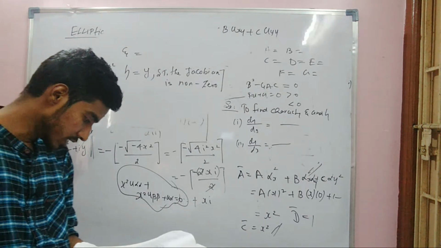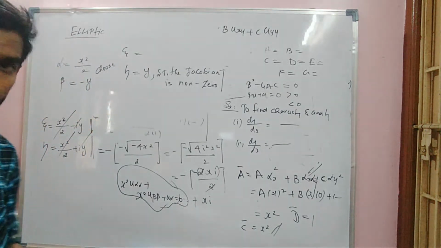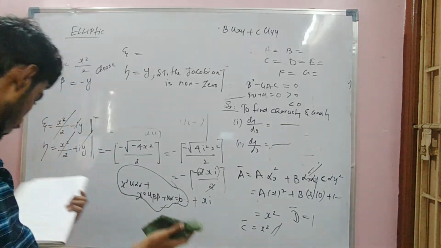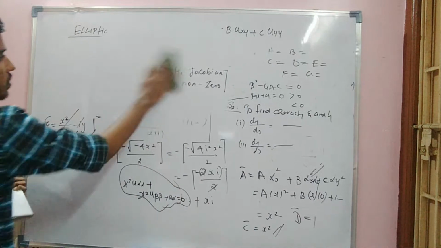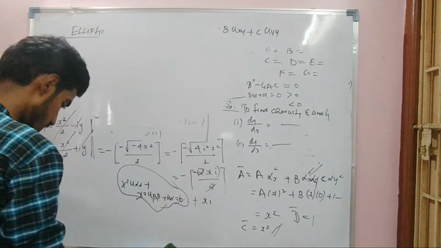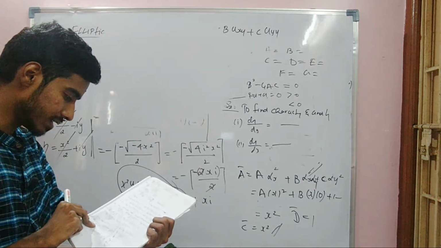I have one question from elliptic. I'll just give you the question, you can practice it. It is a very big question, and the integration part is quite difficult also.